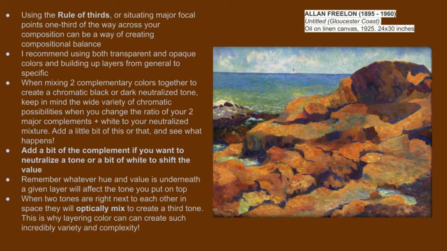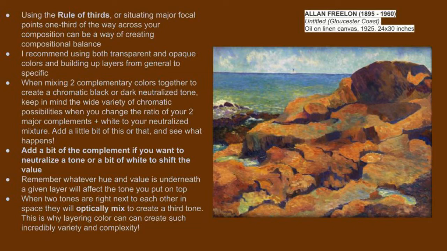It's very rare that the colors that we see out in the world are just a boring gray. Instead, really look for what kind of temperature are those darker tones in those shadows. Chromatic shadows are really, really important to making a vivid painting.